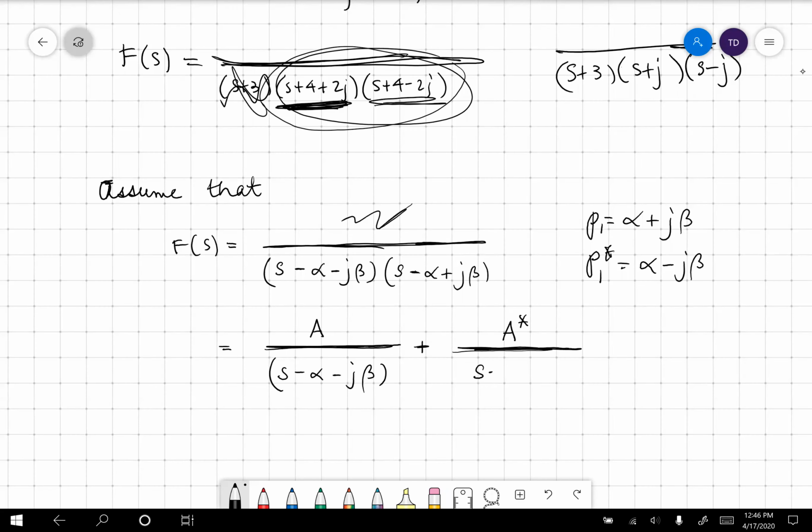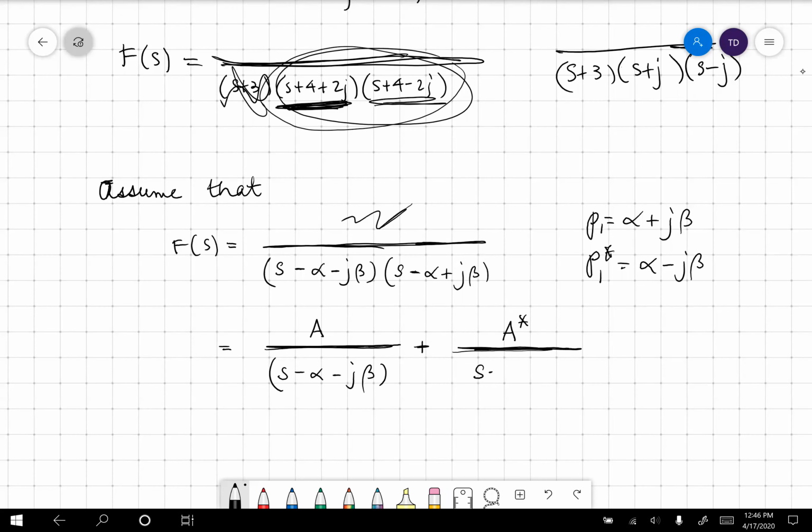Now, assume we have these values, A and A conjugate. Let's look back right here. I want you to tell me now what f of t is, knowing the values of A and A conjugate and that they're complex. So what's f of t?